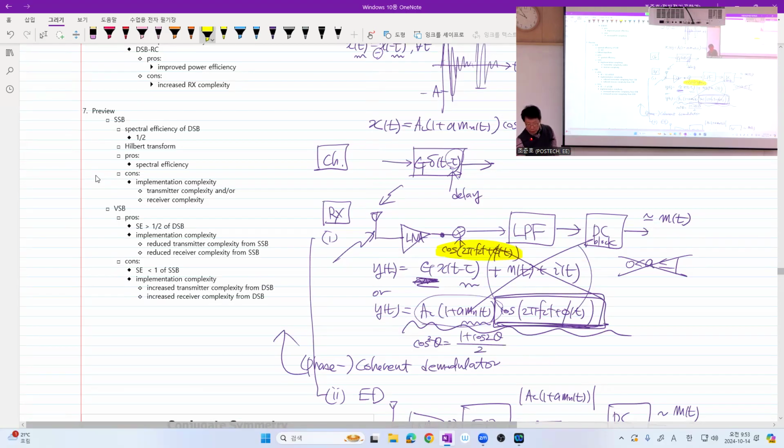Having this one the same as that one is practically impossible, especially when you have a very inexpensive receiver. It's not easy to generate a very stable sinusoidal signal with a very stable carrier frequency. You may have a lot of phase noise, and also you may have carrier frequency offset.